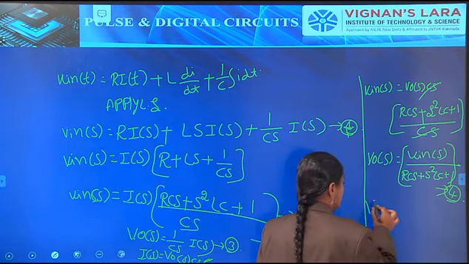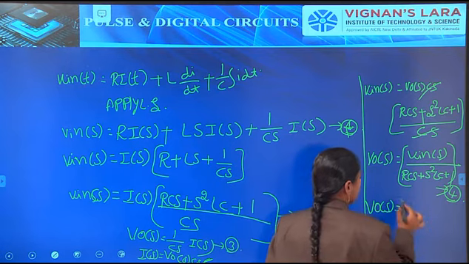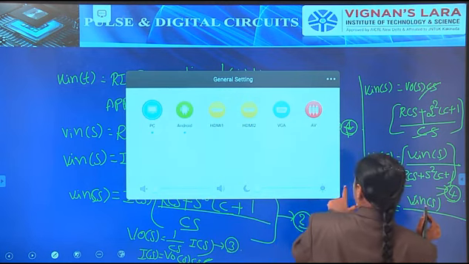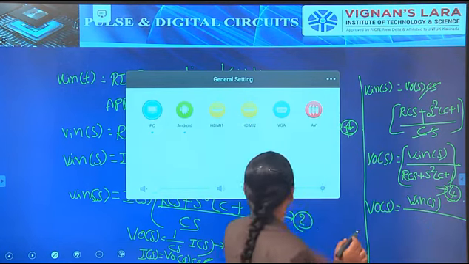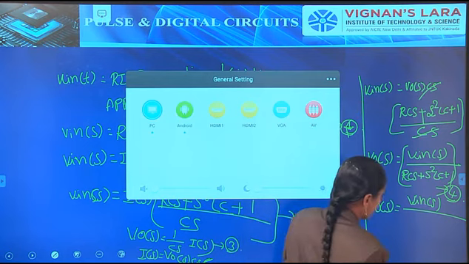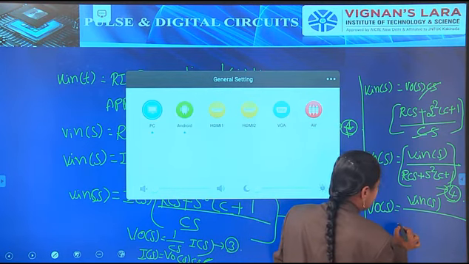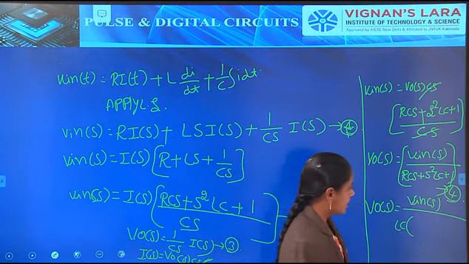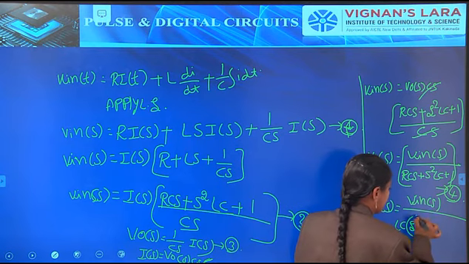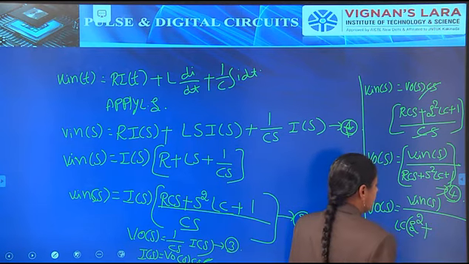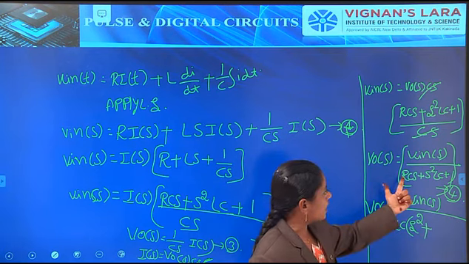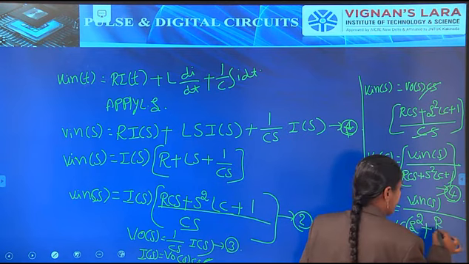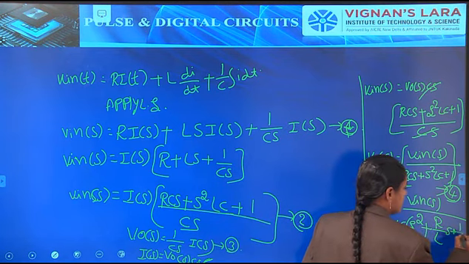So V naught of S is equal to V naught of S by, here we have to take LC as common. Then the equation can be written like this: by taking LC in S square it becomes S square plus, and by taking LC as common in the RCS, the equation can be written as R by L S plus 1 by LC.